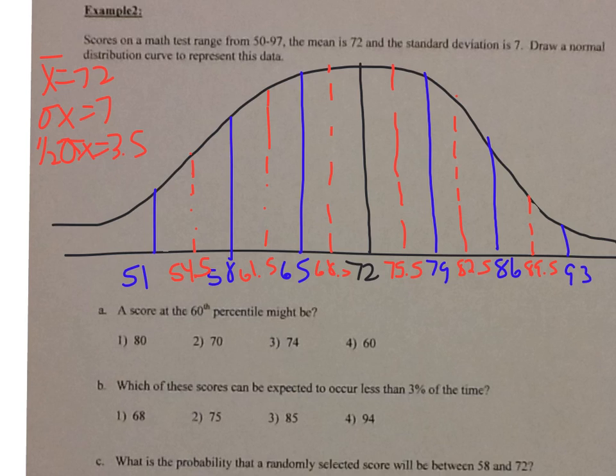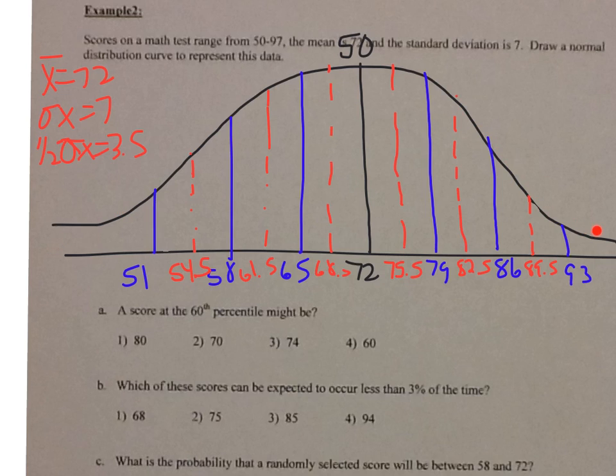Okay, so it says here for the first one, a score at the 60th percentile might be. So we're talking about percentiles. Remember, I labeled the top. All right, so I start with the middle because the middle is the 50th percentile. If the middle is the 50th percentile and I want the 60th percentile, I'm not going to label anything to the left because that's going to be below the 50th percentile.